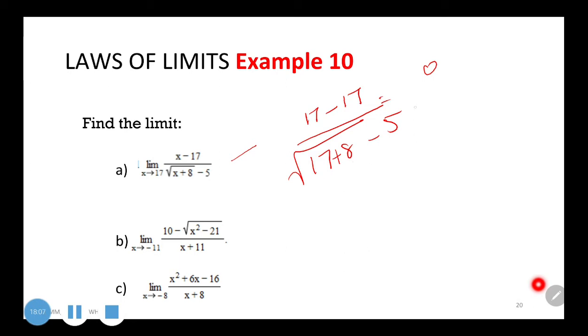Okay, so this is undefined, which is not the final answer. We need to do some manipulation on the equation here, which I'm going to show to you now.